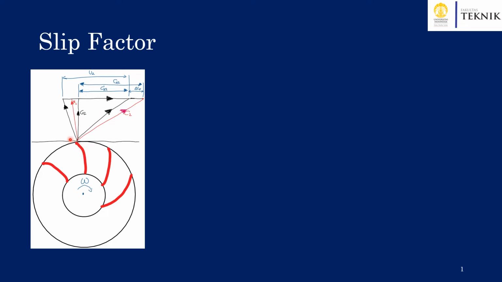In these ideal conditions, the fluid leaves the blades at an angle of beta prime 2, and this angle at which the fluid leaves the impeller is identical with the blade angle at the outlet. So beta prime 2 belongs to the fluid and beta 2 belongs to the blade angle at the outlet.